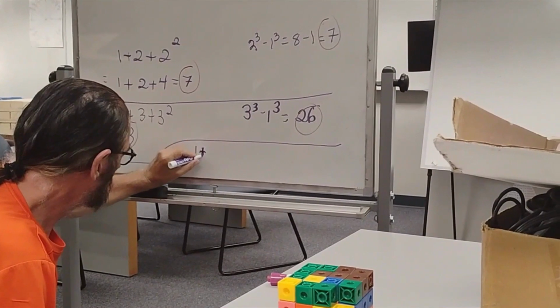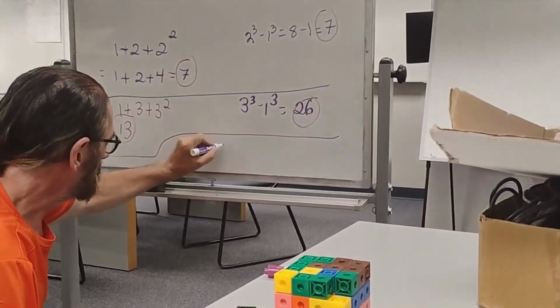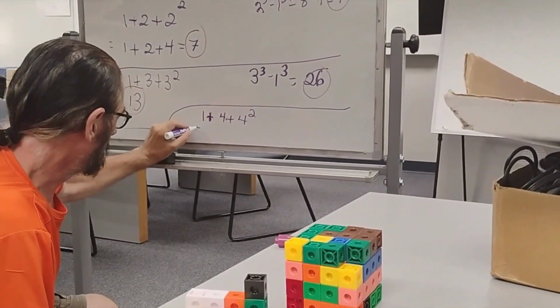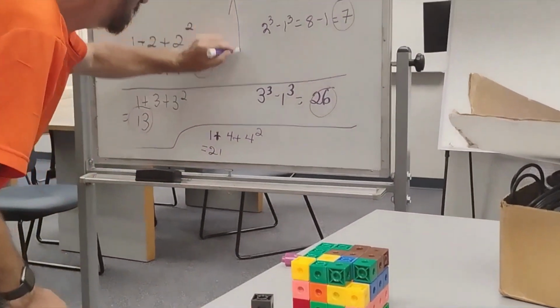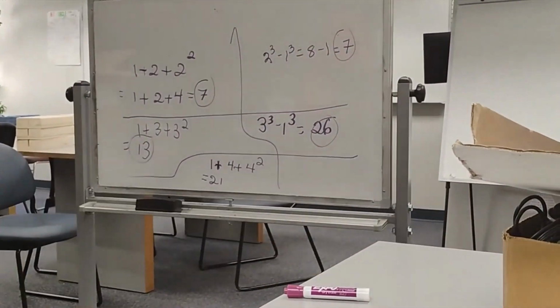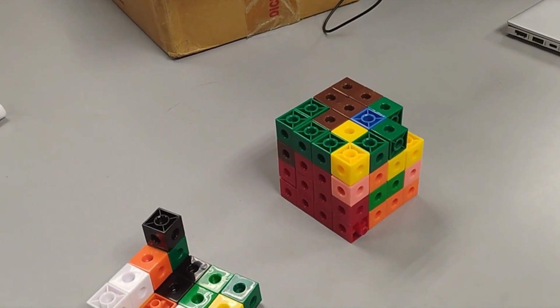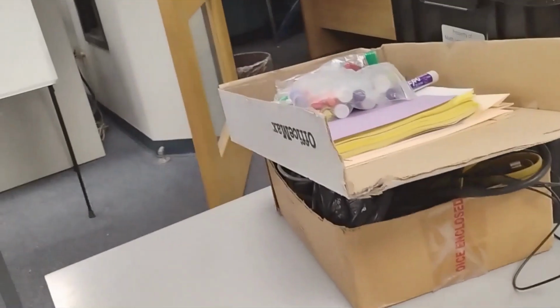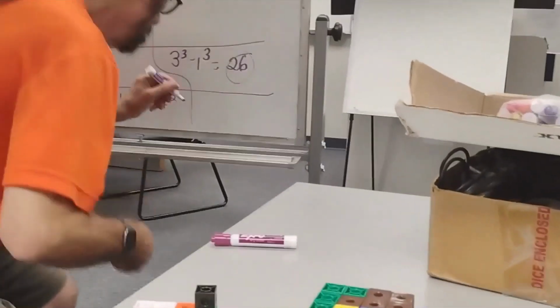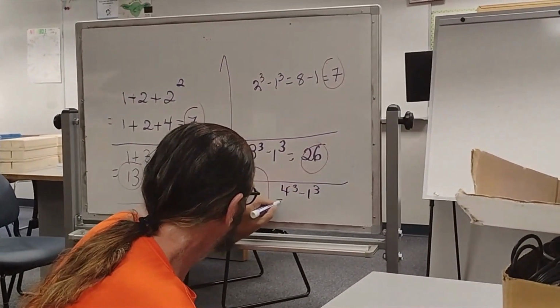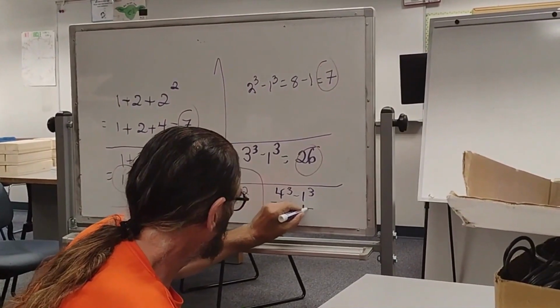That would be the last one. So 1 plus 4 plus 4 squared, for a total of 21. And then that one, 4 times 4 times 4 is 64, so then 63. Did I do my math right there? So we've got 4 cubed minus 1 cubed, 64 minus 1, 63.